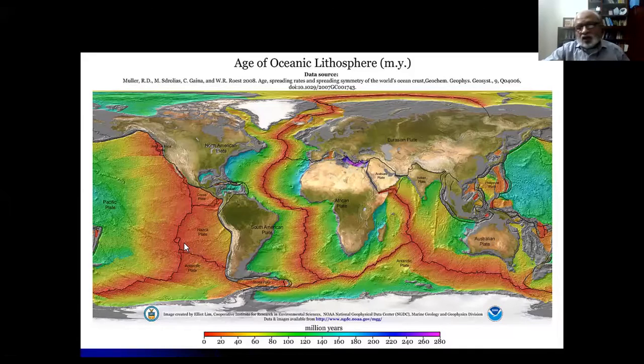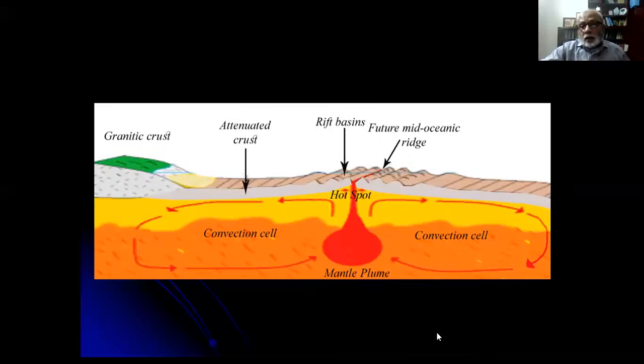Molten materials are coming up, and this we call the ring of fire. That means it goes through the Pacific rise all the way to Japan.